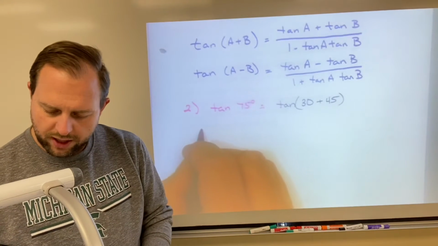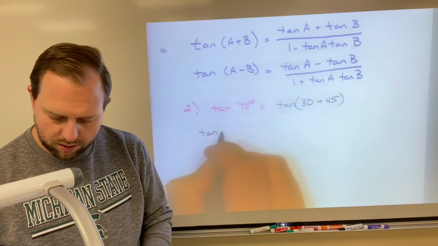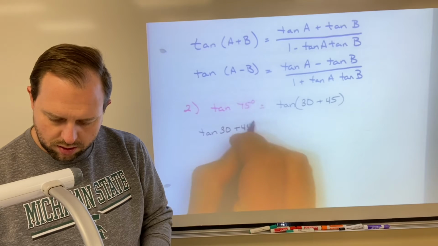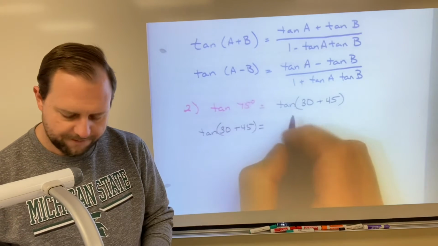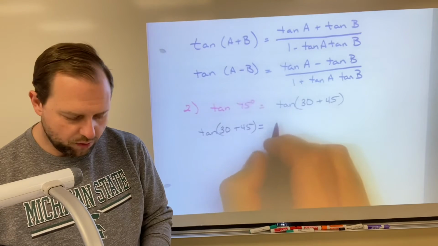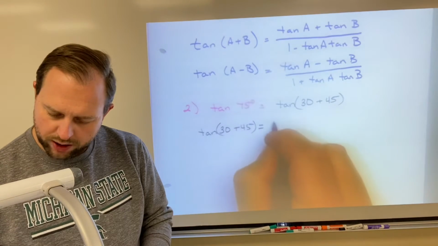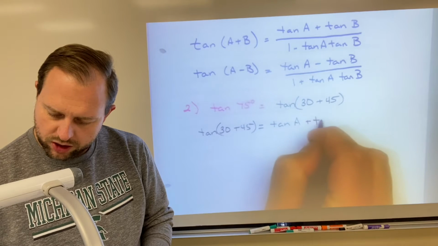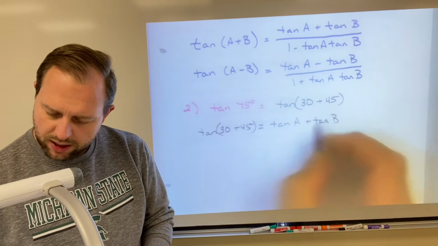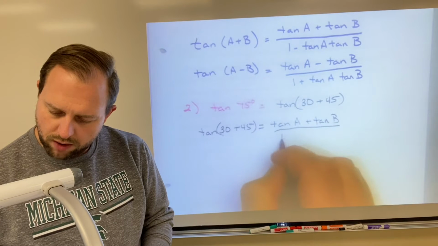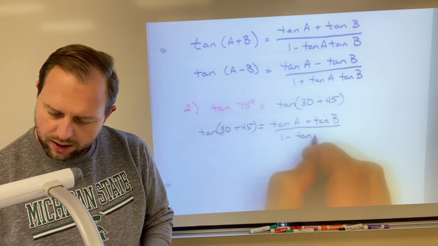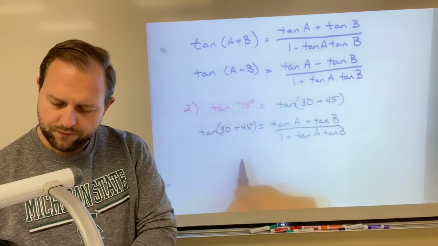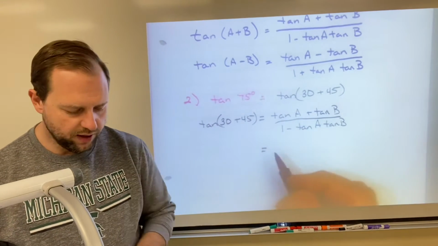So to plug in from the table, first we're going to write out the correct equation, so it's the top one. Tangent A plus tangent B over 1 minus tan A times tan B. And now we fill in.